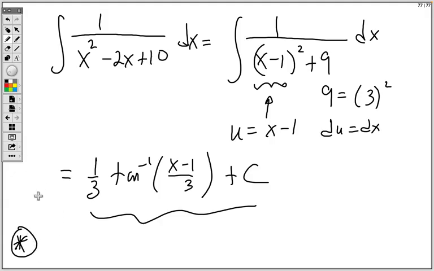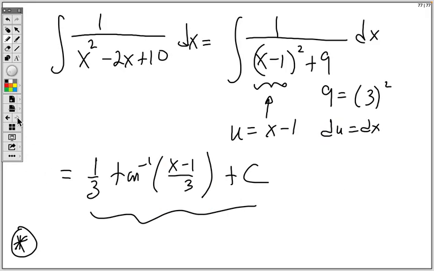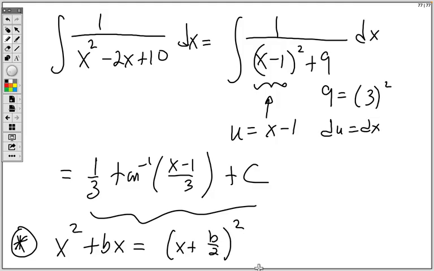So in general, for completing the square, if you've got something that looks like x squared plus bx, then the completed square version of that would be x plus b over 2 quantity squared minus b squared over 4, or, b over 2 quantity squared.